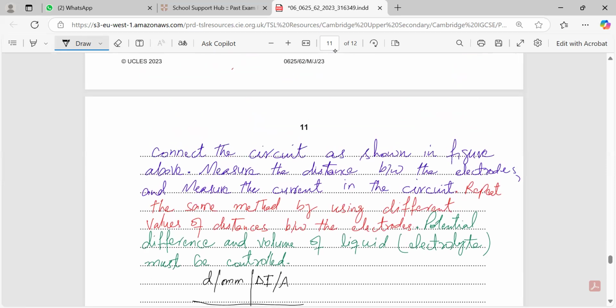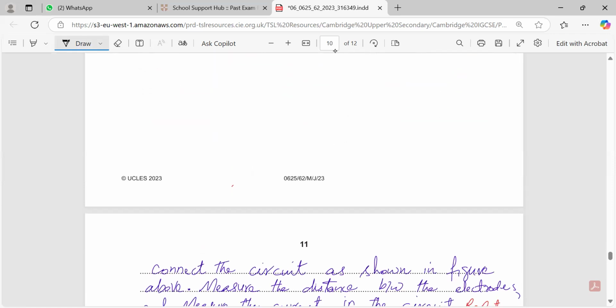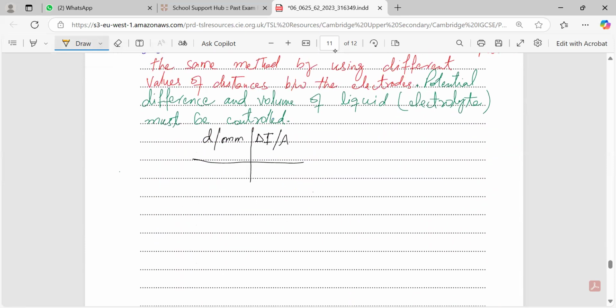Then next, of course, it will be how to reach a conclusion. For that purpose, plot a graph of changes in current on the y-axis, because it is the dependent variable, against distance on the x-axis to reach a conclusion.